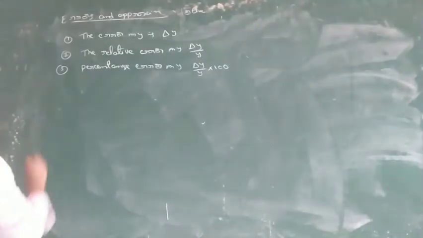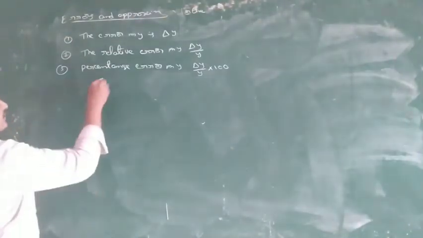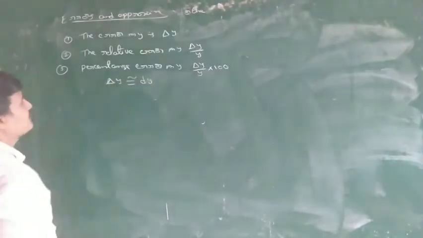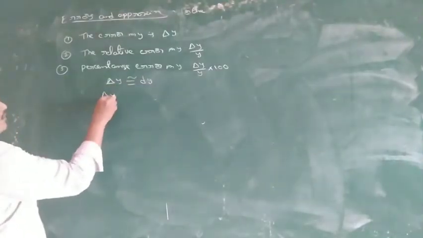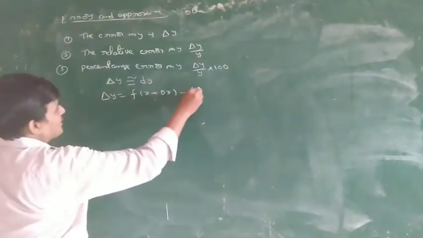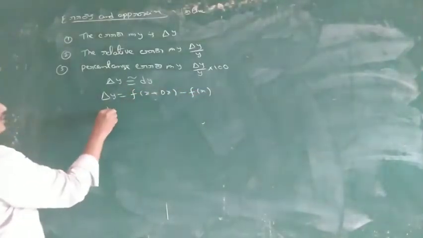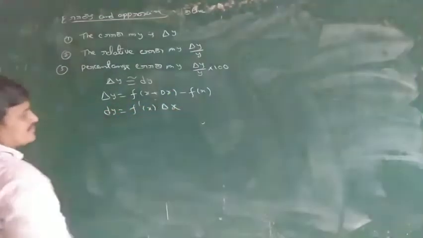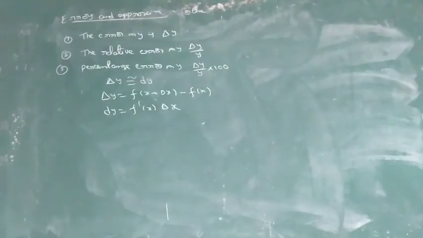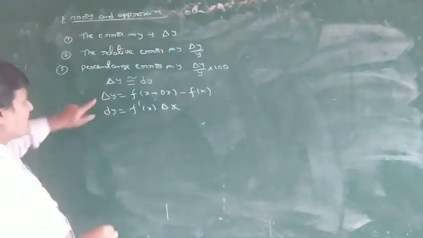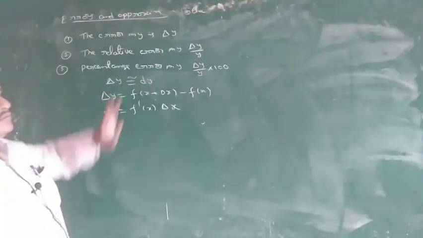Okay. So, delta y is approximately equal to dy. Delta y formula: f of x plus delta x minus f of x. dy is equal to f dash of x into delta x. These are both approximately equal.